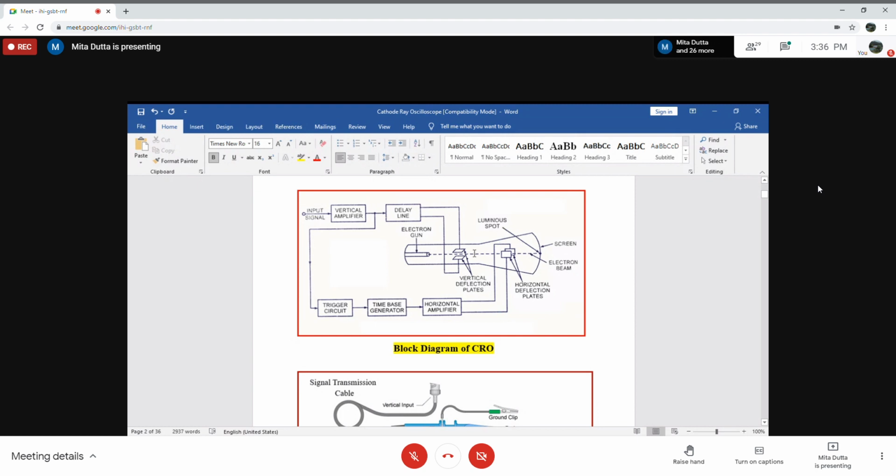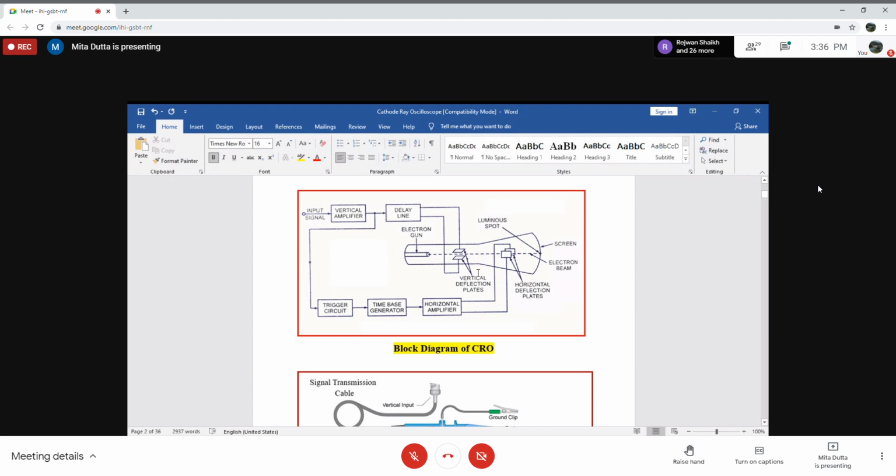That is why this screen is known as the fluorescent screen. When the electron beam strikes it, the phosphor emits visible light.